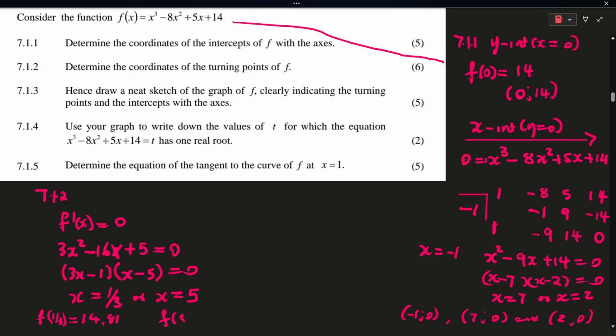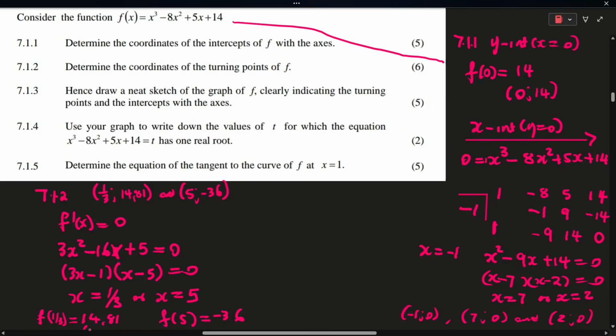What about f of 5? Let's press our calculator. f of 5, we're getting a minus 36. So those are the turning points. How do you write the answer? It should be a coordinate. The answer for this one is (1 over 3; 14,81) and the other one is (5; minus 36). So that is the thing.